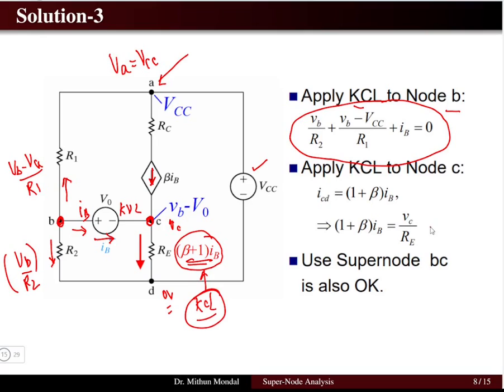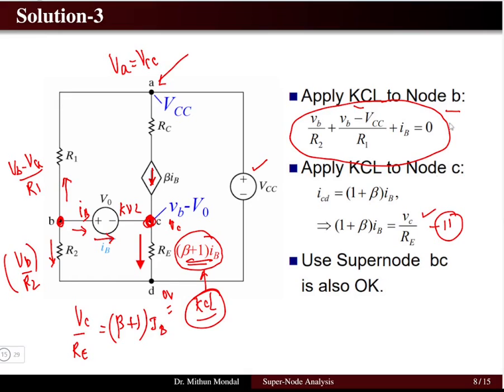Then we get our second equation as (1 plus beta) IB is equal to VC by RE, where VC is the potential of node C. So VC by RE is the current flowing through node C, which is (beta plus 1) times the current IB.